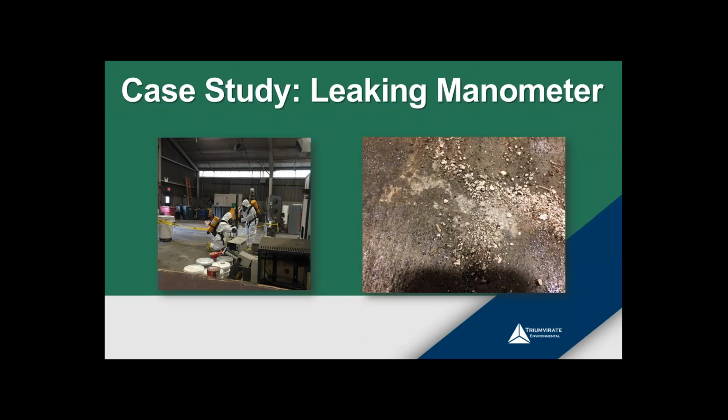In this case, the permeated concrete surface and porous surface created a large area for the mercury to fall into cracks and holes. As you can see from that photo on the right, it was tough to identify where mercury could have been. So that's why it's important to have meters that are capable of directing that sort of cleanup.